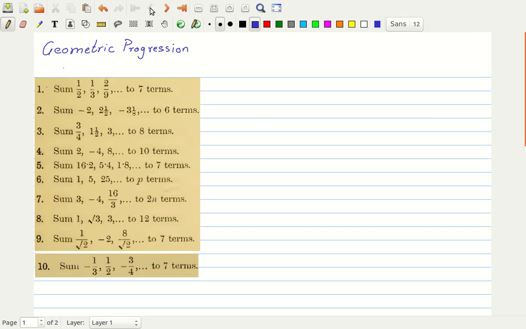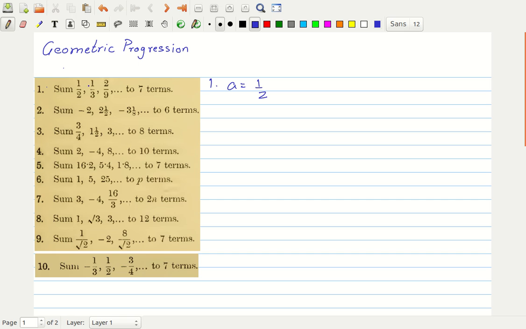So, for example, let us solve problem number 1. A is equal to, what is the first term in problem number 1? It is 1 by 2. What is R over here?